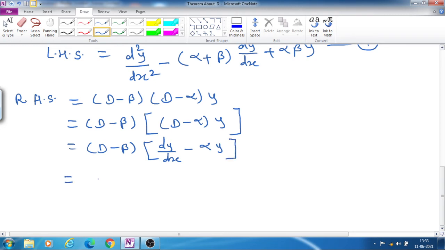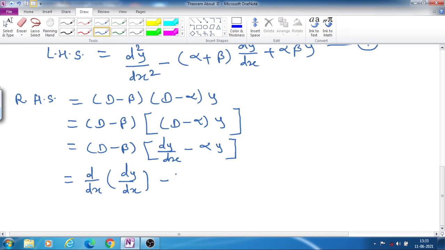Now we operate D minus beta. First we operate D on dy by dx, and D means d by dx, therefore d by dx of dy by dx, minus D operated on alpha y.